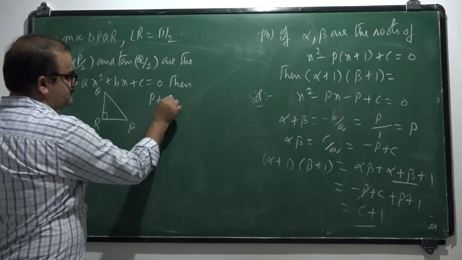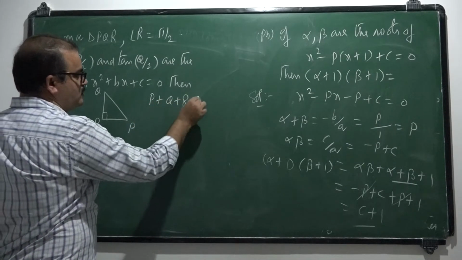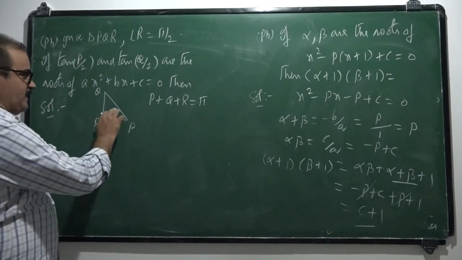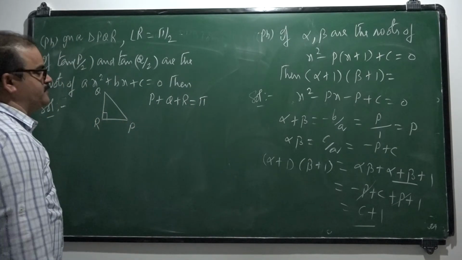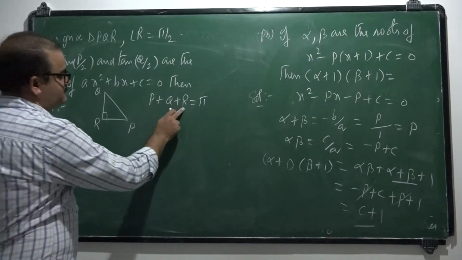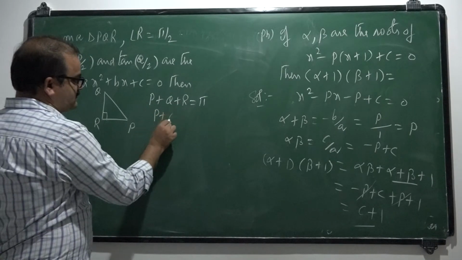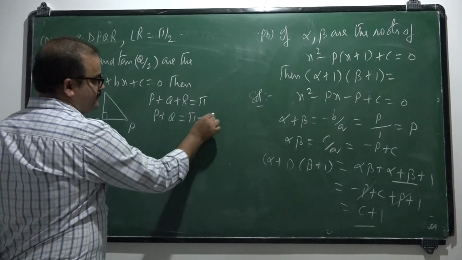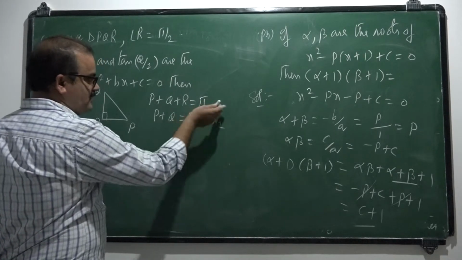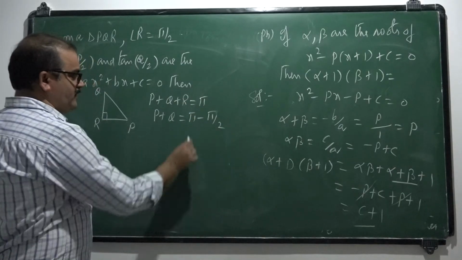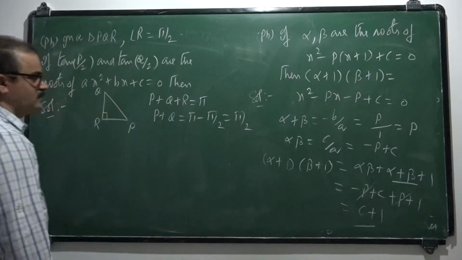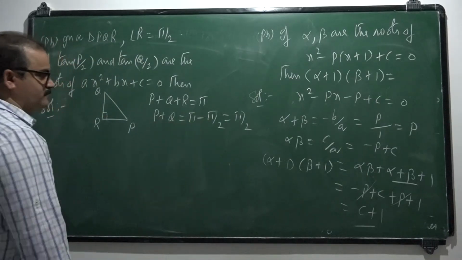P plus Q plus R is equal to pi. Sum of the angles in any triangle is pi. In this R is pi by 2. So P plus Q is equal to pi minus pi by 2. Take this R to right hand side. Pi minus pi by 2, that is pi by 2. P plus Q is pi by 2.